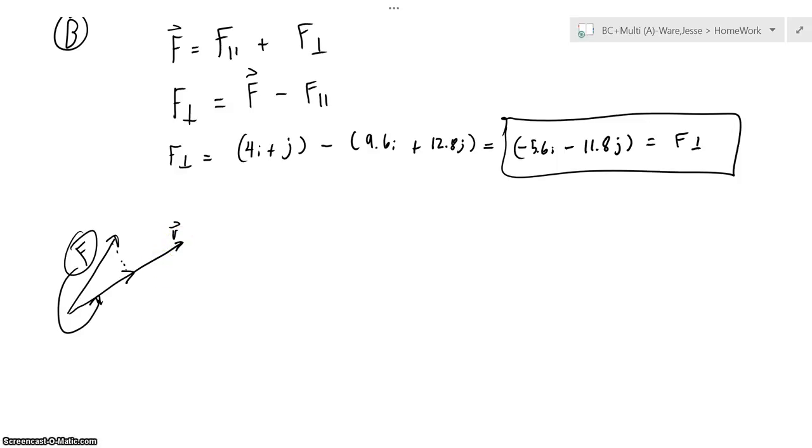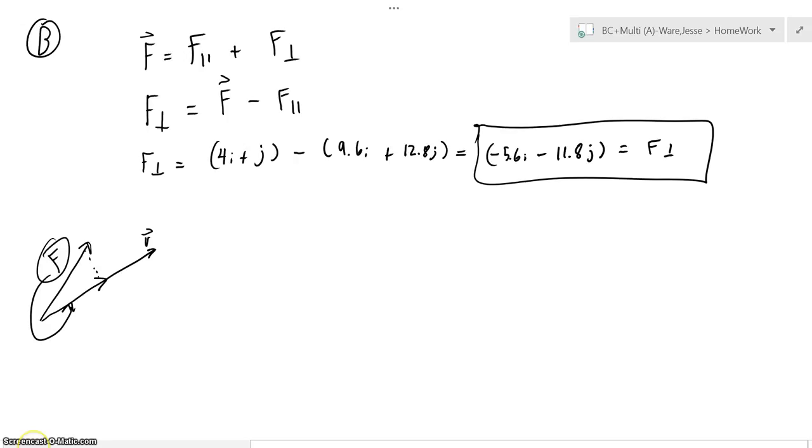So what you want to do for this is multiply F parallel, which is the amount of force along the displacement, by the magnitude of the displacement, which is scalar, which will give you work. Actually, correction. It's going to be the magnitudes multiplied together, because since we found F parallel, the force acts in that distance.